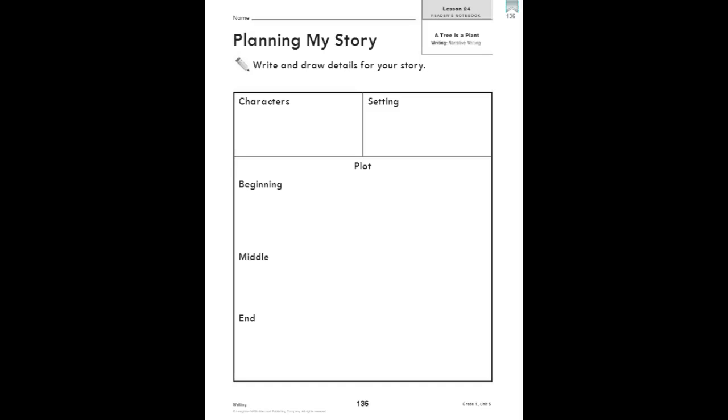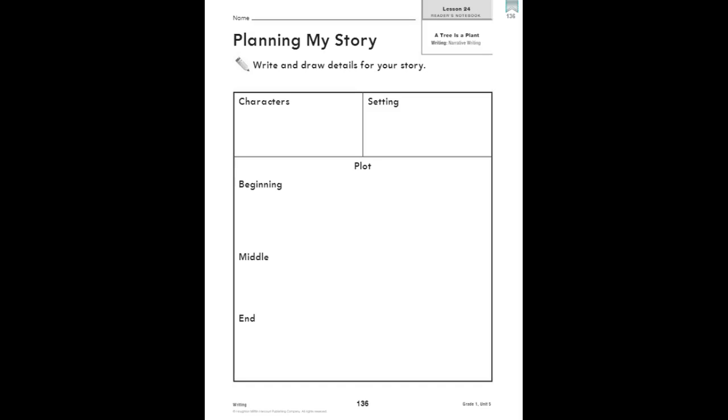Then we're going to tell the story in the order that it will happen. Again, just using details. So you're going to have the characters or the animals in your story. The setting is where and when, and then the plot is what happens in the story. So then you're going to go through and tell us the beginning, the middle, and the end.